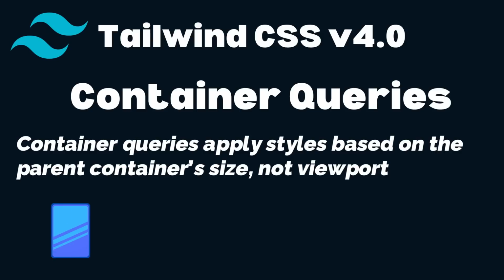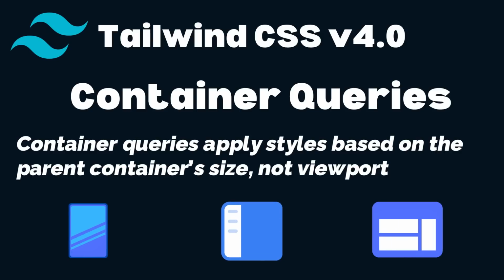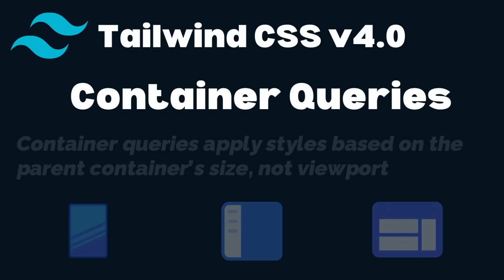You might want a card, sidebar, or section to adjust its styling based on the space available inside its parent container, rather than the overall viewport width. This is where container queries come into play. Container queries enable styles to be applied conditionally based on the size of the parent container, making them much more flexible for modern responsive design.